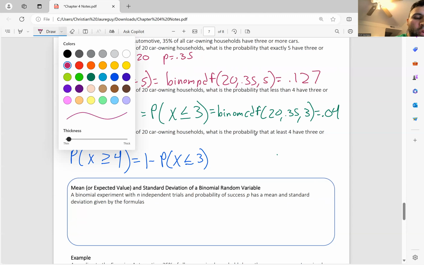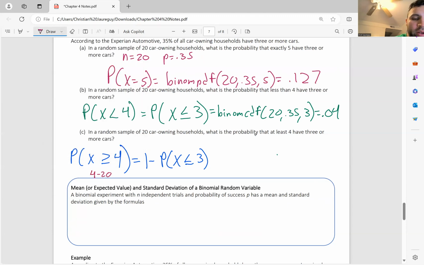Because this 4 was 4 through 20. 1 is all the situations, that's 0 through 20, and less than or equal to 3 is 0 through 3. So by taking 0 through 20, subtracting 0 through 3, I achieve the same thing, 4 through 20. There's a whole bunch of different ways you can draw a number line to achieve this or logically think through this.